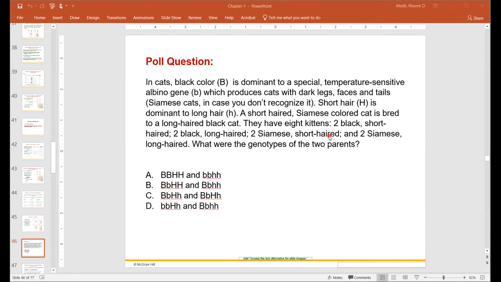A short haired Siamese colored cat, so a short haired would be what? Think about it. Siamese colored would be what genotype? It's crossed to a long-haired black cat. And now they have these kittens: 2 black short-haired, 2 black long-haired, 2 Siamese short-haired. So what are the genotypes of the 2 parents?